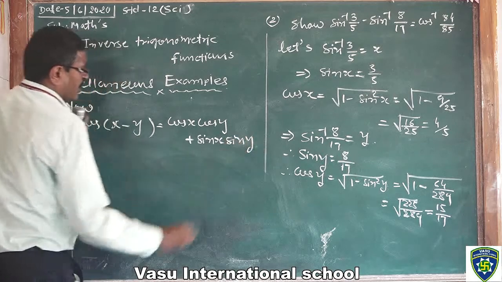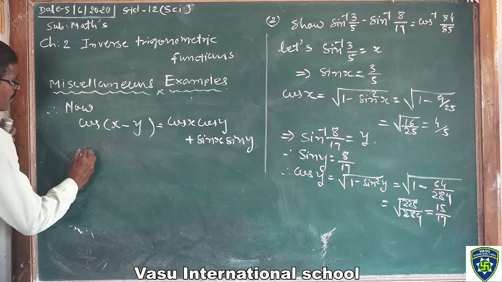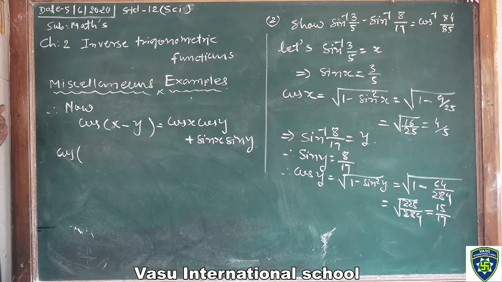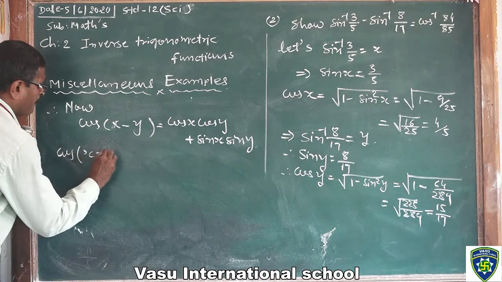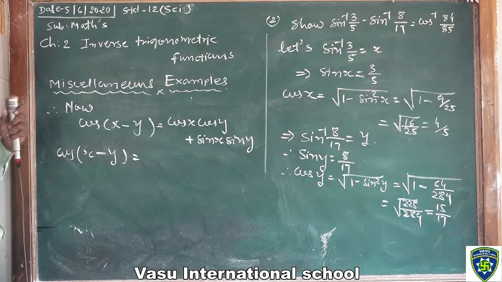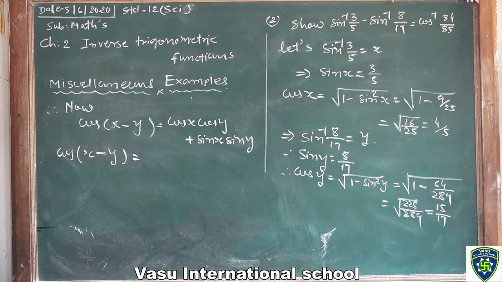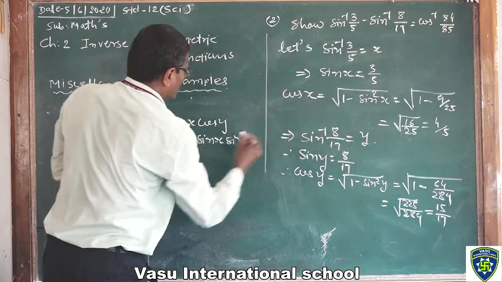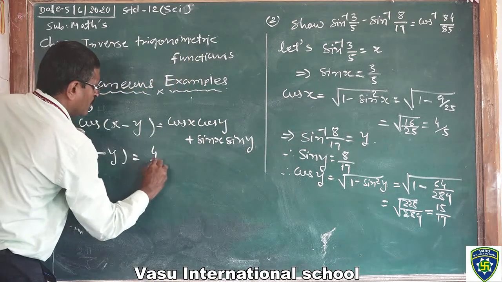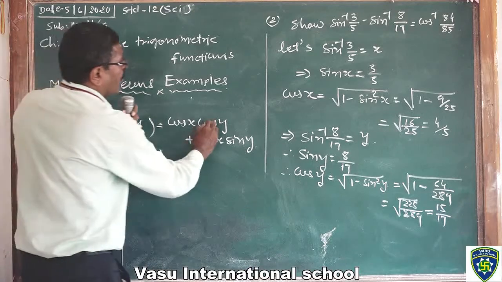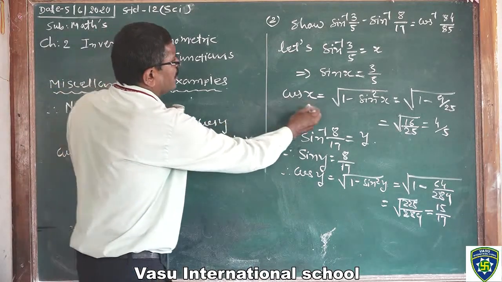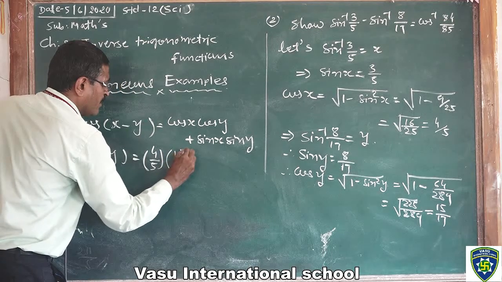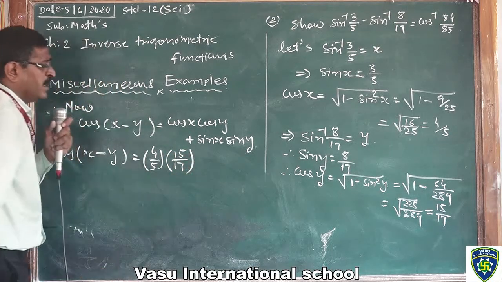Clear, student? Now cos of x minus y is equal to cos x, put the value 4 by 5, into cos y, cos y is equal to 15 by 17. Clear?